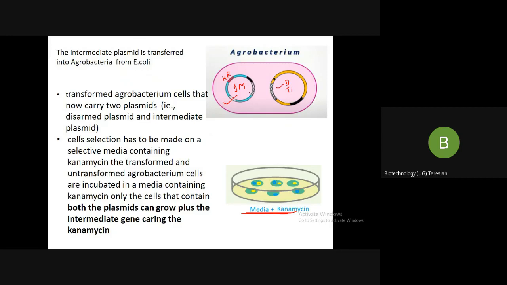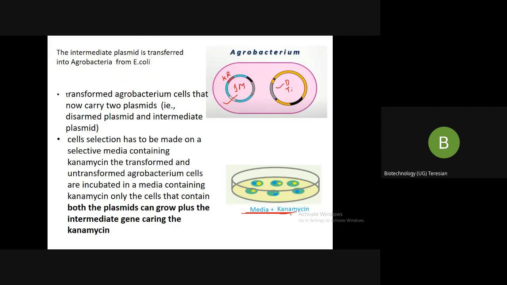Okay, so this marker is acting as an identifier. It is telling us whether your Agrobacterium is transformed or not. So I have done all the manipulation. I'll take all the Agrobacterium and grow it in the media containing the kanamycin. So my kanamycin media will allow only those transformed cells of Agrobacterium.